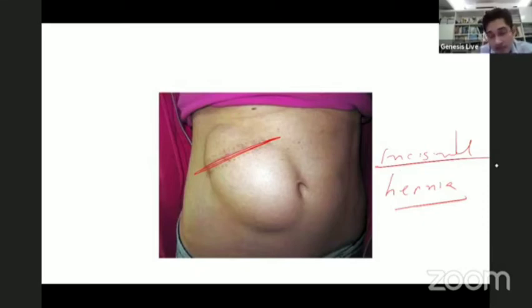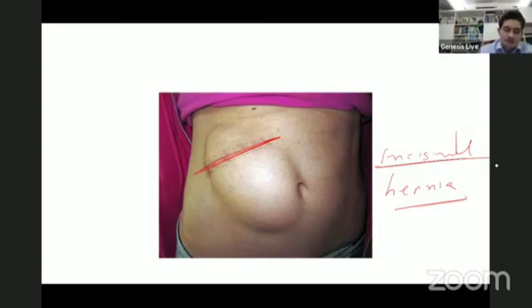Even without a scar, do a cough impulse, especially when there's a lump that is very visible above the abdomen. Make sure you do a cough impulse, which will exclude whether this is a hernia or any other type, because incisional hernia is not the only hernia. There are many other ventral hernias which may not have an incision, like umbilical hernia, paraumbilical hernia.